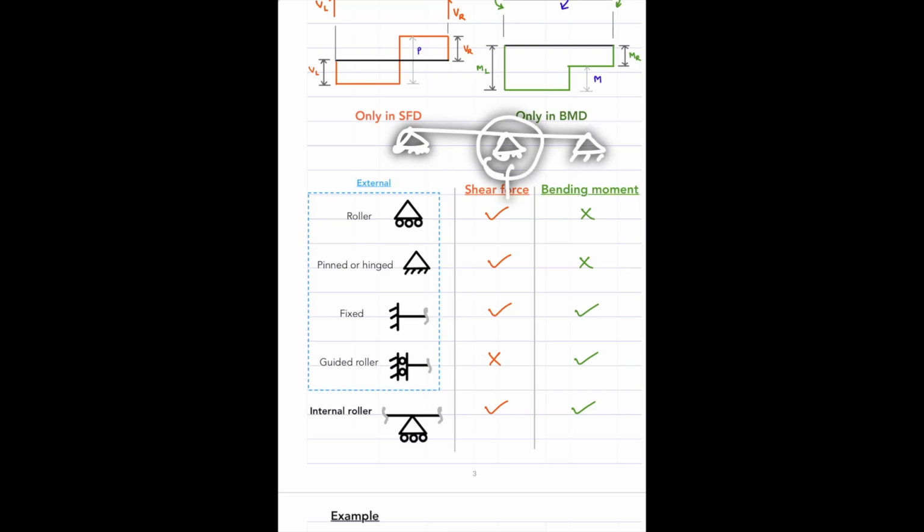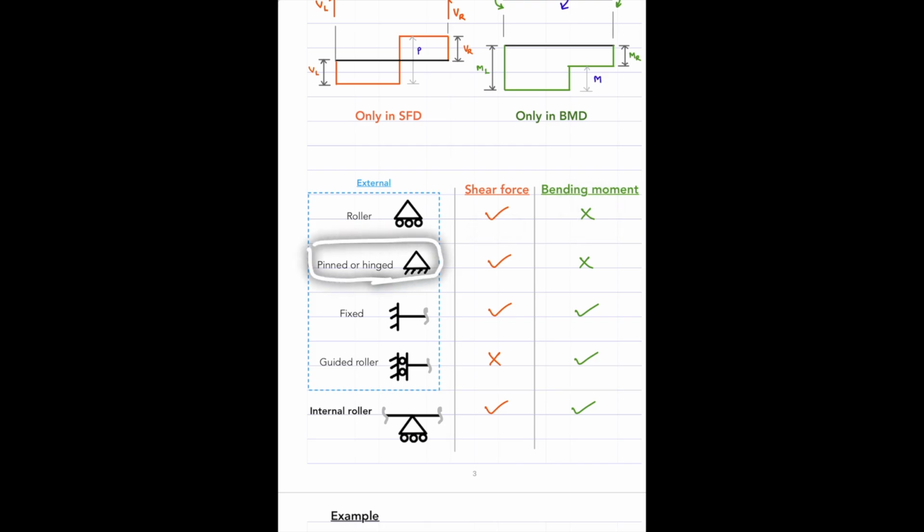Now, this internal one is what I call an internal roller. These extreme ones are what I call external supports. Now, if we have an external roller support at that location, the bending moment would be zero, but the shear force exists. The same is applicable with a pin or hinge support.